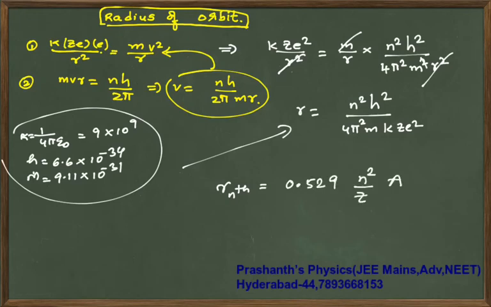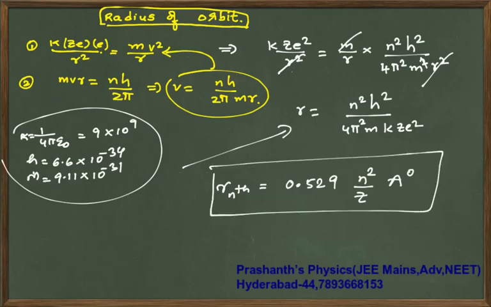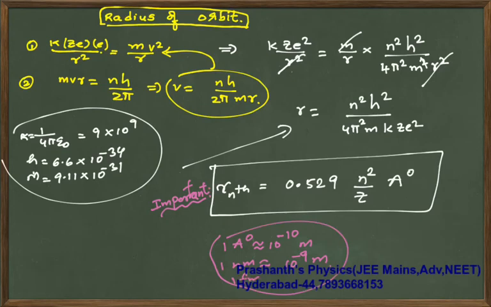Substituting all these values, the radius of the nth orbit is 0.529 n square by Z Angstroms. This you remember, and this is important, and you might have studied this in your chemistry. If you have any doubts, 1 Angstrom is 10 power minus 10 meters, 1 nanometer is 10 power minus 9 meters, and 1 Fermi is 10 power minus 15 meters.